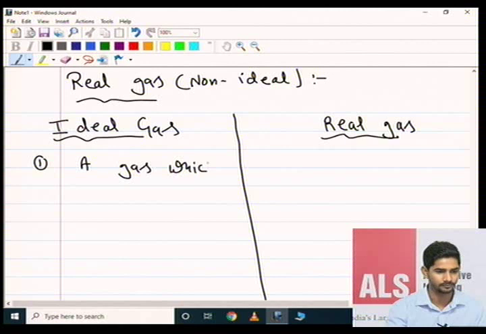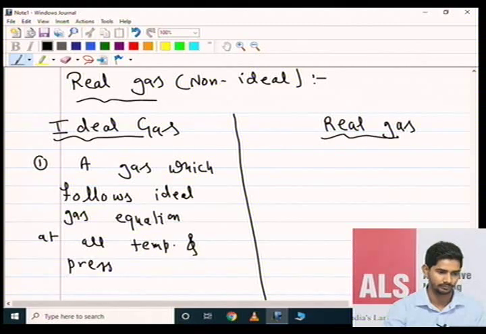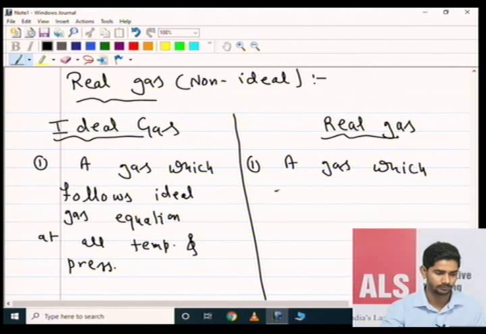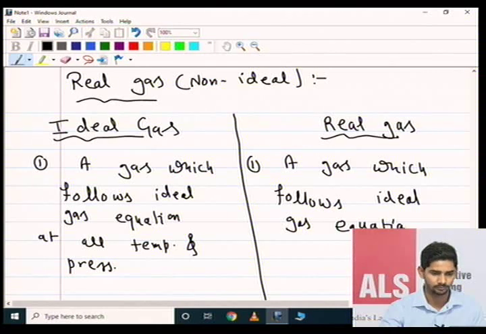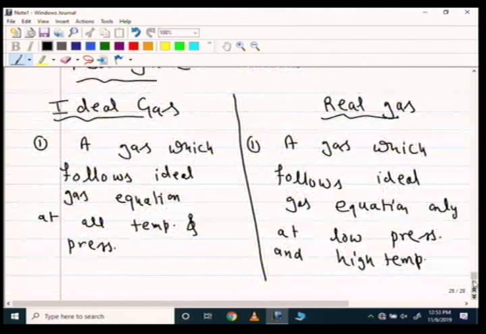An ideal gas is a gas which follows the ideal gas equation at all temperatures and pressures. A real gas is a gas which follows the ideal gas equation only at low pressure and high temperature. Copy.